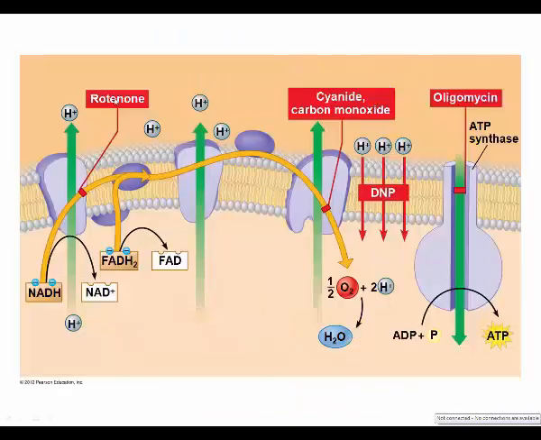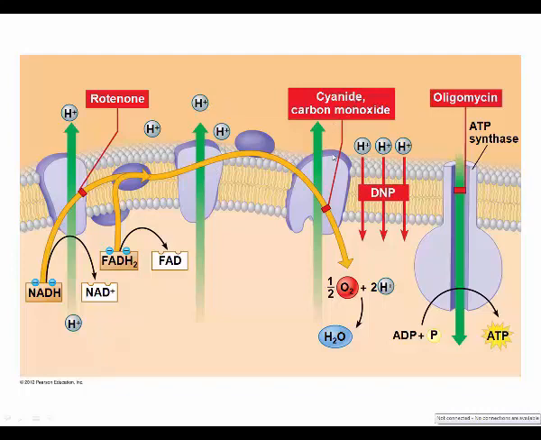There are different poisons: rat poison, cyanide, carbon monoxide. These types of things affect the electron transport chain. If something like rotenone affects transport of electrons from the first molecule to the next, you're not going to get the release of energy, and you're not going to get the buildup.